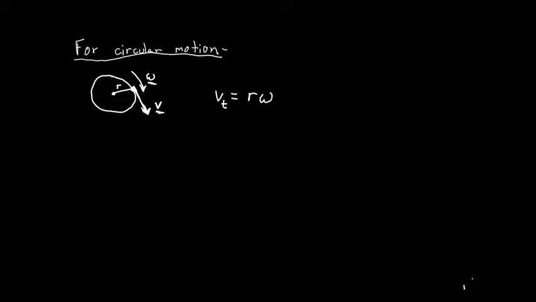Okay, and we can do something similar to figure out what the acceleration will be. The acceleration tangent to this circle is going to be equal to the velocity tangent to the circle point, all divided by the change in time. So again, it's still just velocity over change in time, and I can take this vt and substitute it in to find out that the tangent acceleration is equal to r times omega divided by change in time.